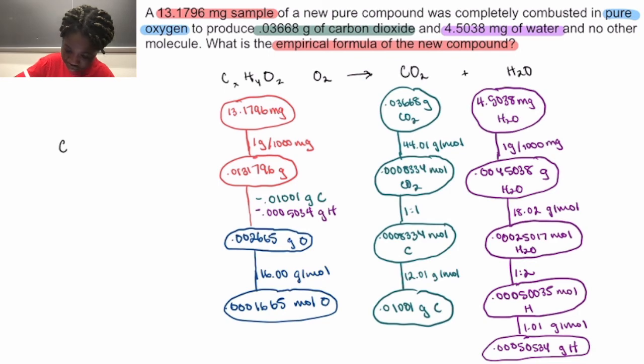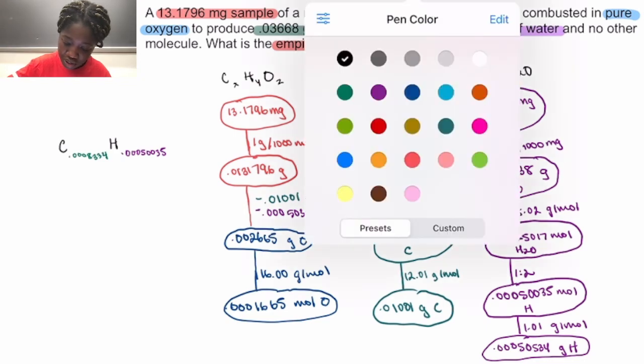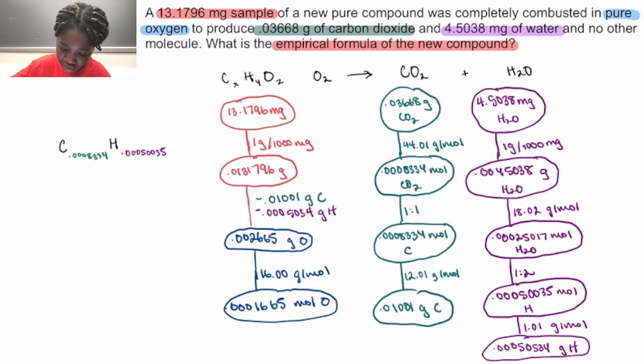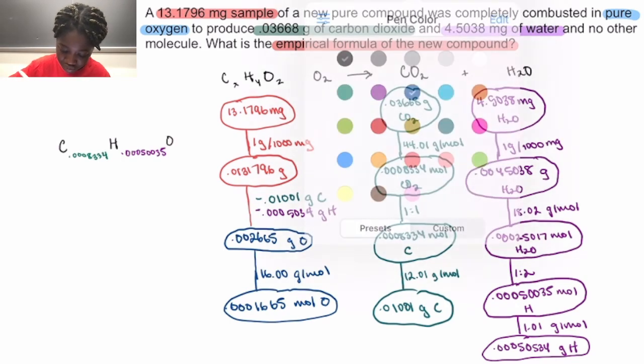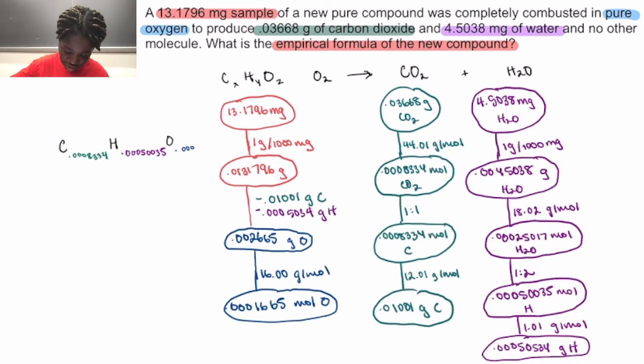All right, C, 0.00083334, H, 0.000500035, and then O, 0.0001665. Now the next thing that you want to do is divide by the smallest molar amount.